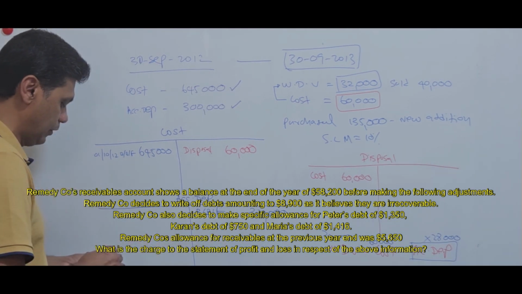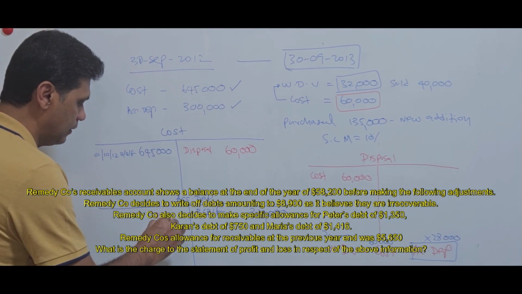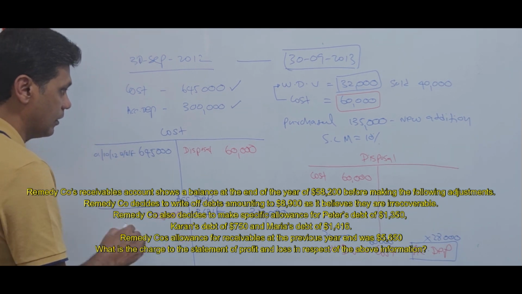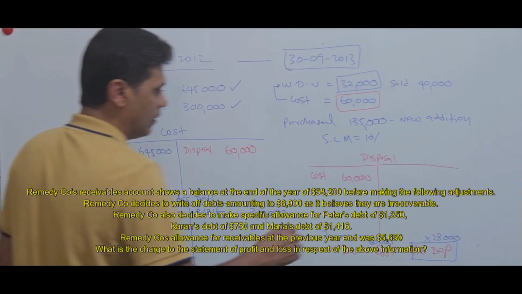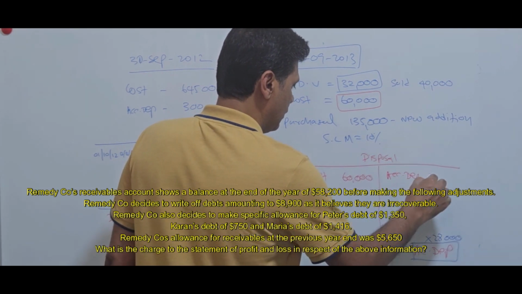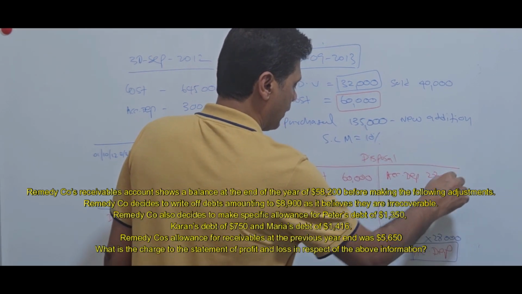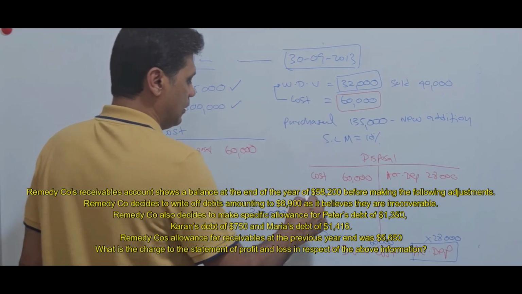So what you need to do is debit the accumulated depreciation account to the disposal, accumulated depreciation 28,000. Then you have the selling price.